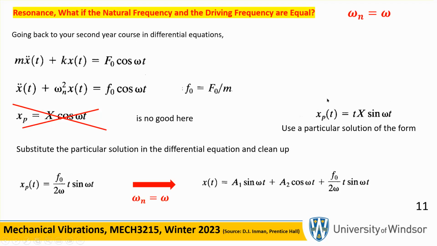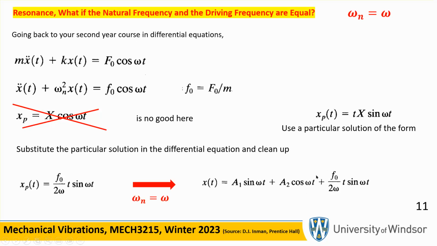If you take this and you plug it in there, you can actually solve for big X, and big X will come out to be f naught over 2 omega.